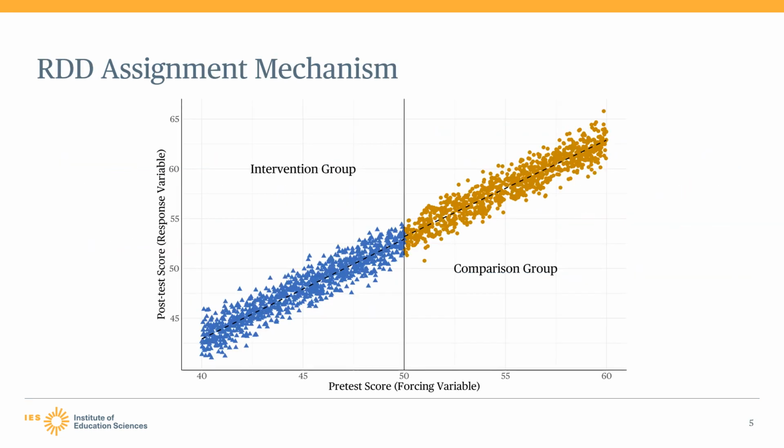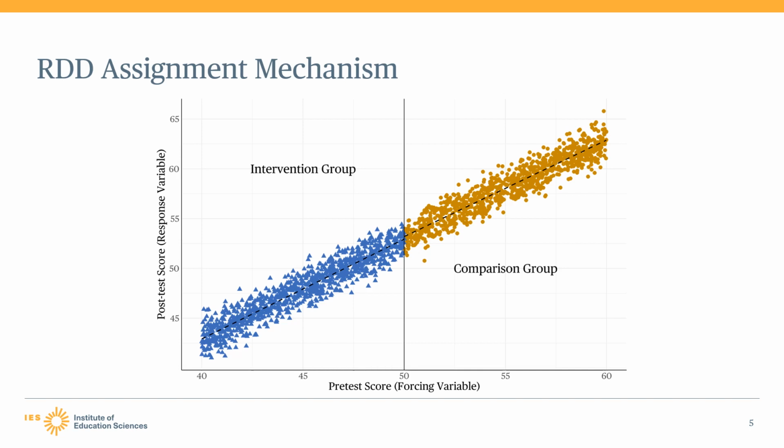The graph shown here visually displays an example of the assignment mechanism in a regression discontinuity design. In this example, let's say the intervention of interest is a remedial mathematics intervention used to provide additional instruction and support to middle school students who were struggling in math.